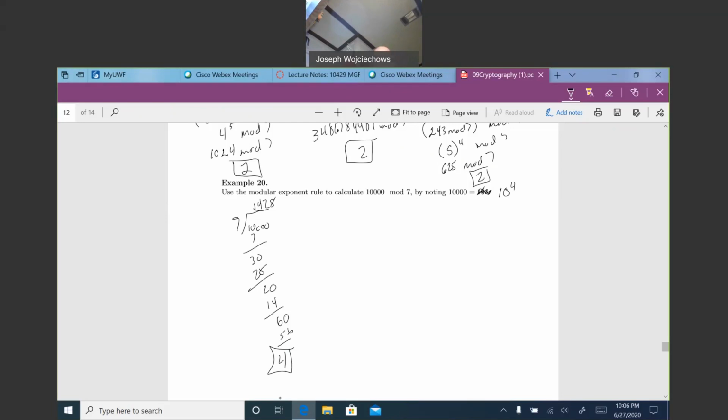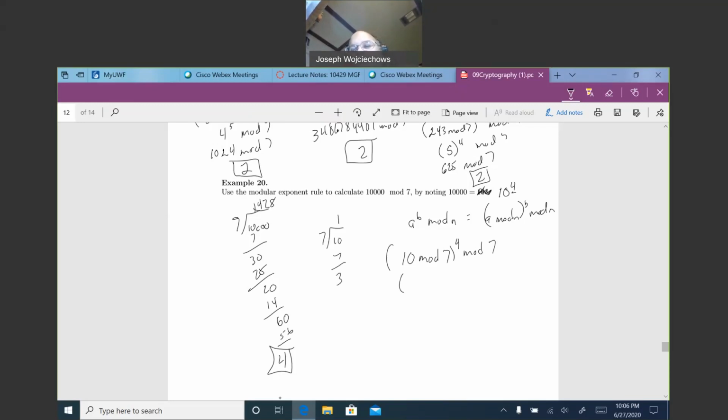Now going back to that formula, we had a to the b mod n is equal to a mod n to the b mod n. A is 10, so I have 10 mod 7, to the b, which is 4, and all that mod 7. So 10 mod 7, well, 7 goes into 10 once, remainder 3.